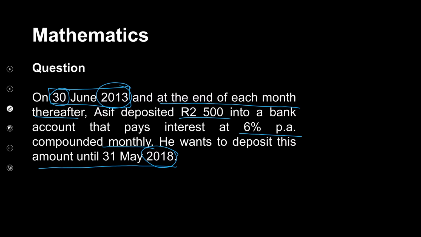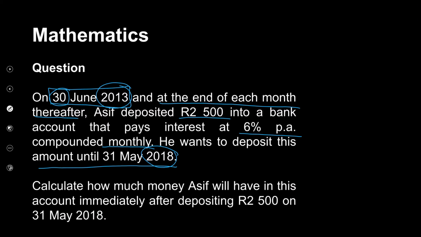That makes it 5 years, the end of May, by the way. So if you look at the end of June, that will cover the actual 5 years. That extra month is for when the money is still getting some interest for one last month. Now calculate how much money Asif will have in this account immediately after depositing on 31 May 2018.